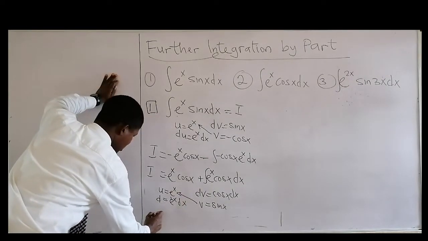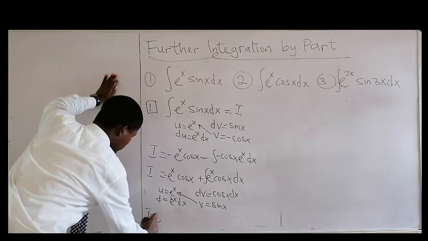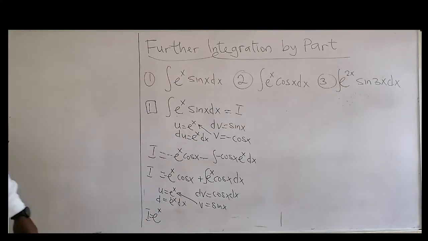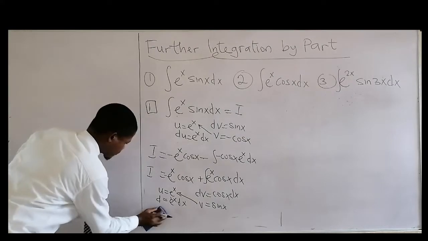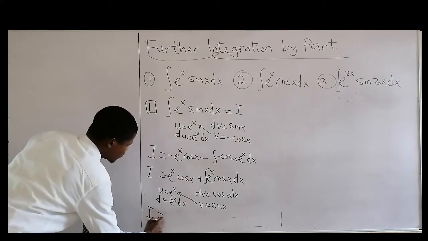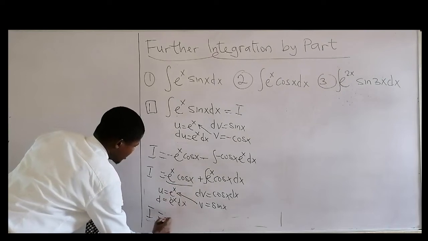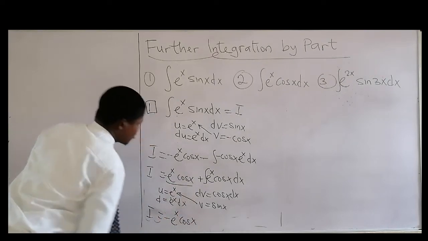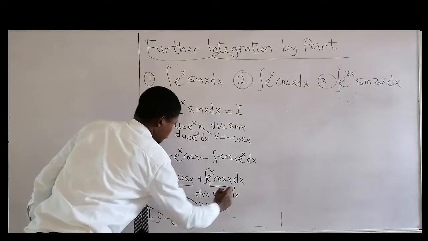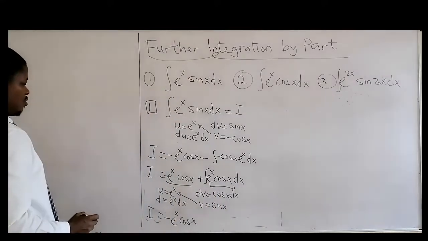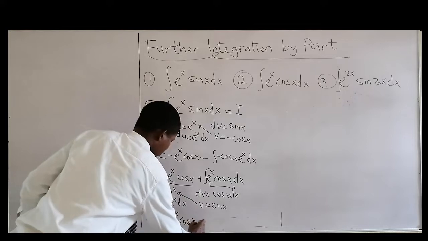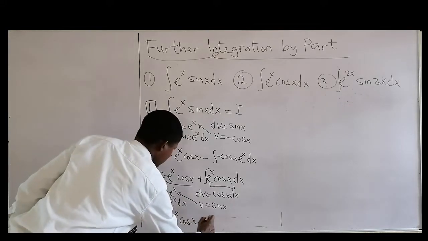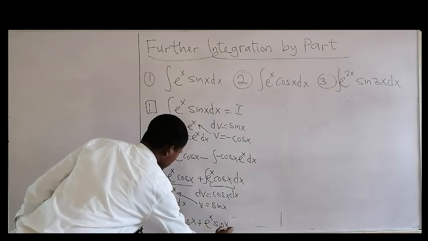So I will be equal to minus e to power x cos x, then the integral of this one, which will be equal to uv, that's e^x sin x.